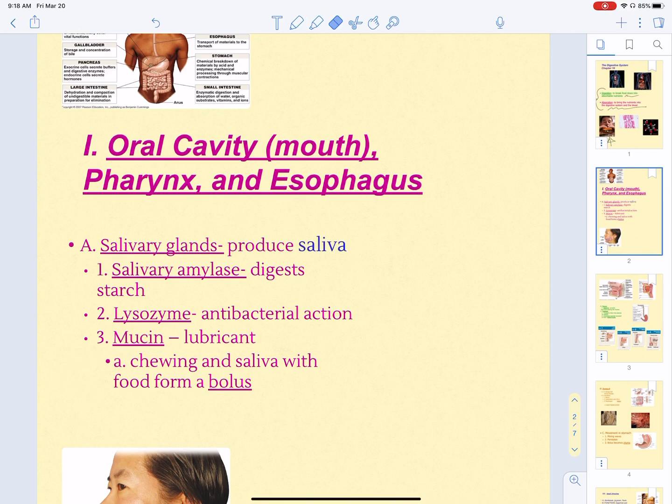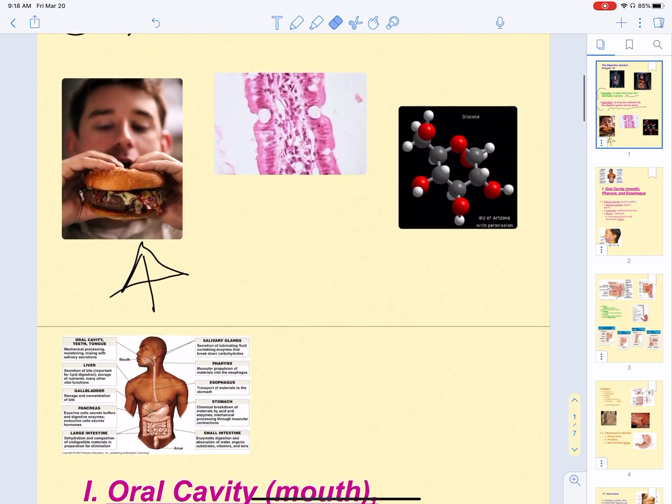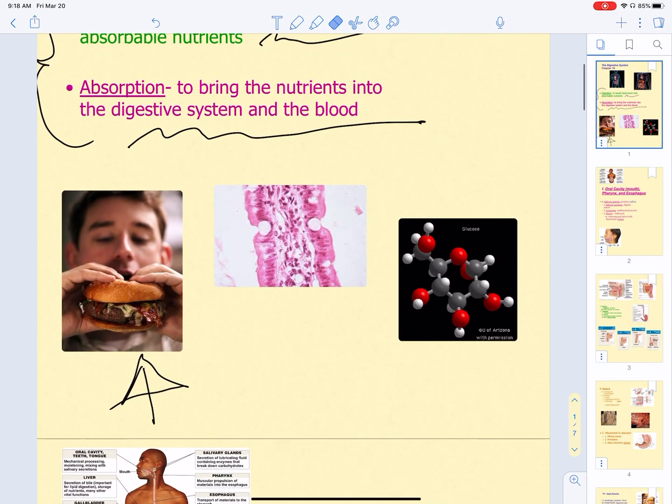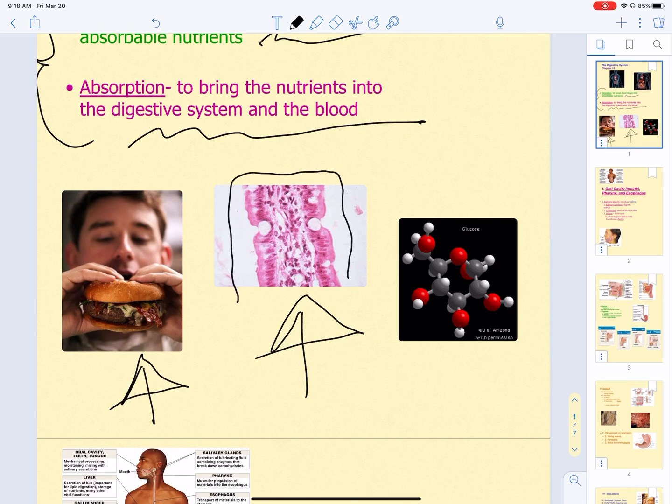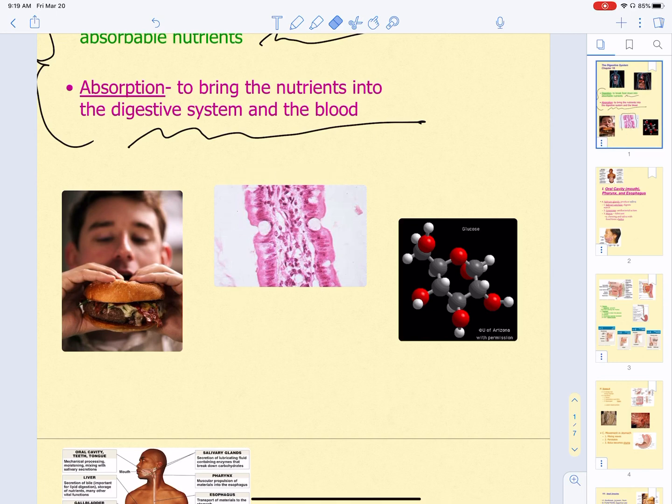As it moves through your system, it's going to pass some different cells along the way, and those cells are going to be a lining or a covering on the inside of your intestines. Please remember what a lining and a covering does. A lining and a covering is going to absorb and secrete.